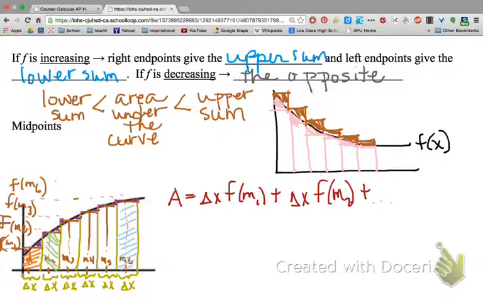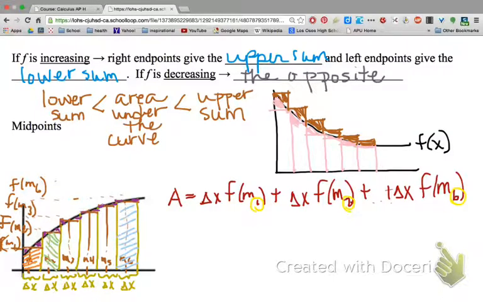And then we'll look at the last rectangle, this one here. The width is still delta x, and the height is f of m6. And of course, if I pay attention to what's changing, I notice that only the bottom is changing, only those little subscripts.